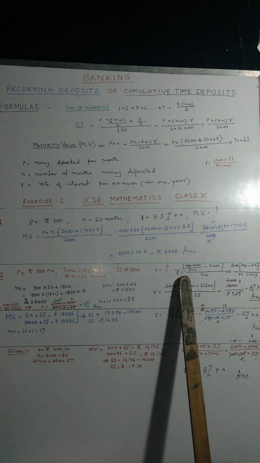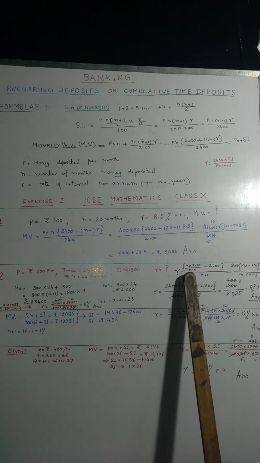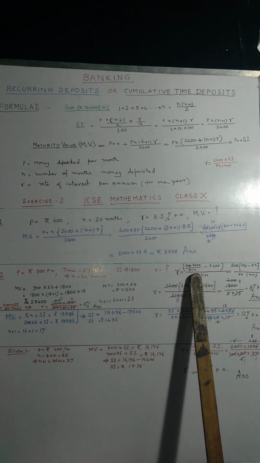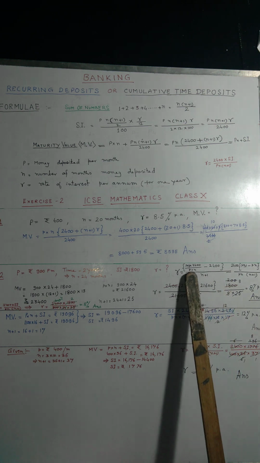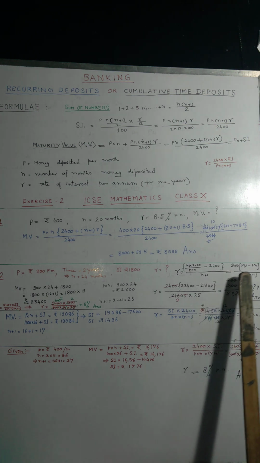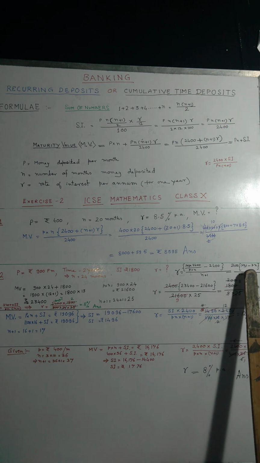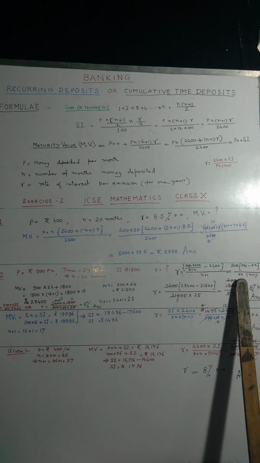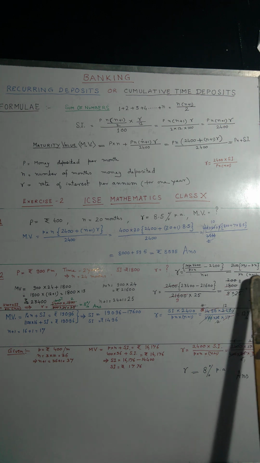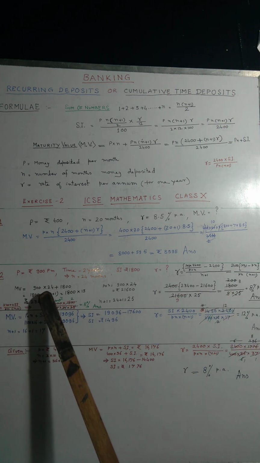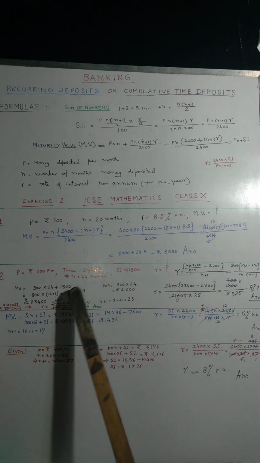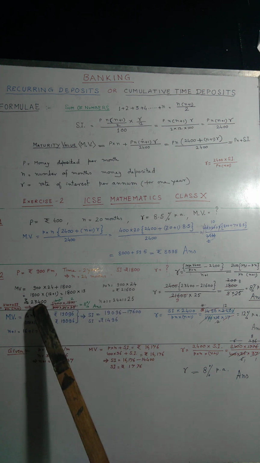It can also be done like this: maturity value into 2400 whole divided by P into n minus 2400 whole divided by n plus 1. In the bracket you can write MV minus Pn whole divided by Pn(n plus 1). Here MV is equal to 900 into 24 plus 1800, that is simple interest.